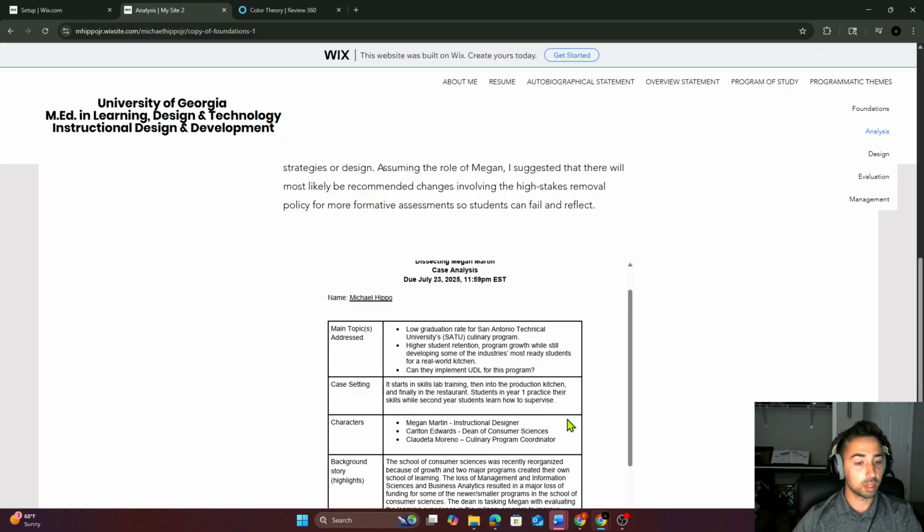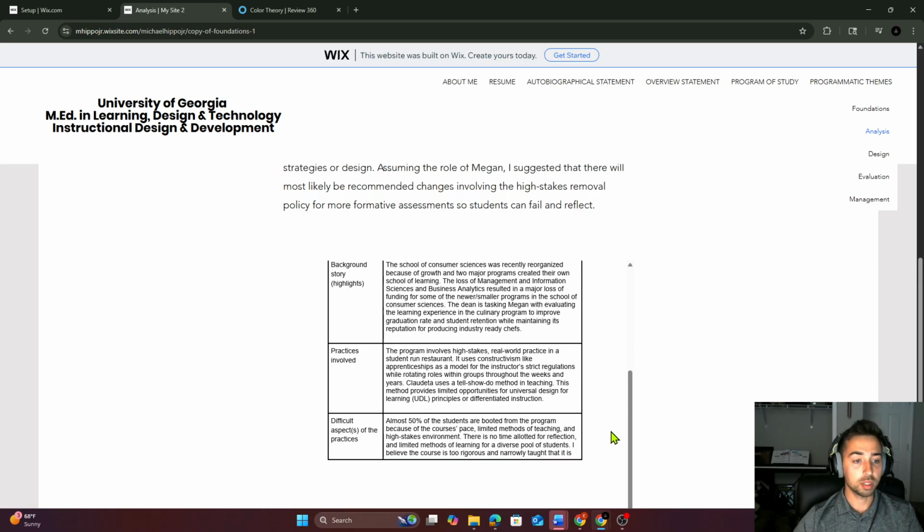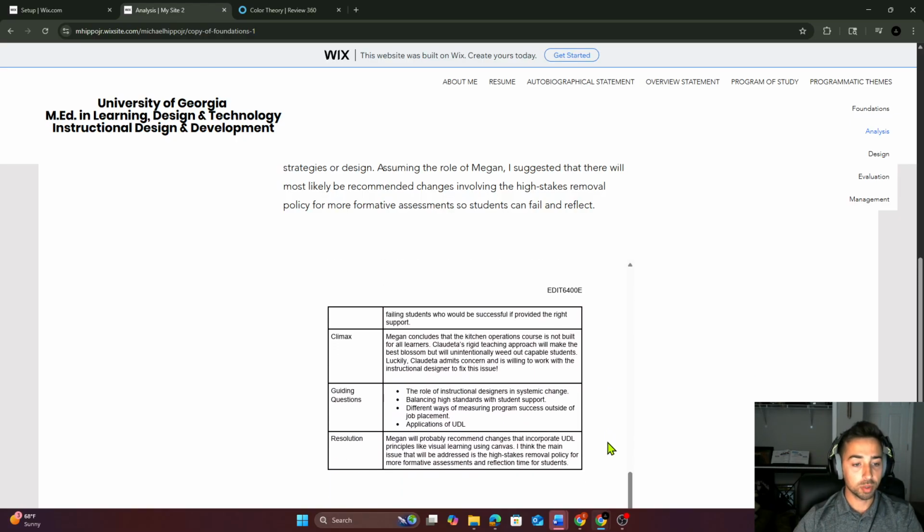And there was a whole scenario, getting to know the characters, a case setting. I really wanted to look at what practices were involved and what were some of the guiding questions to go through as we analyze this case, and what could some potential resolutions be to fix the learning discrepancy.